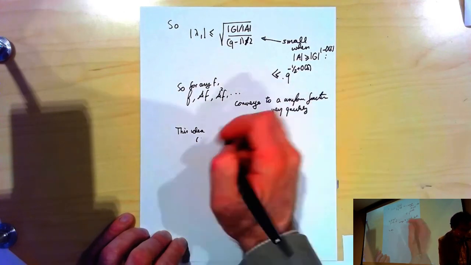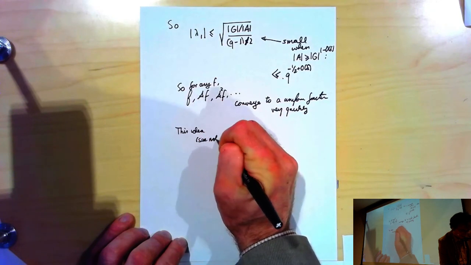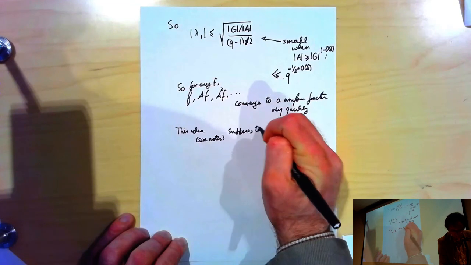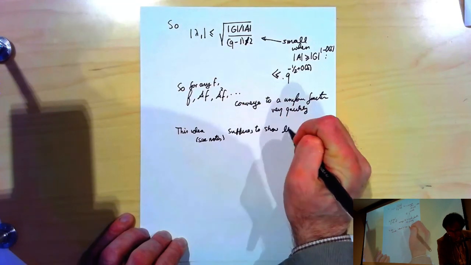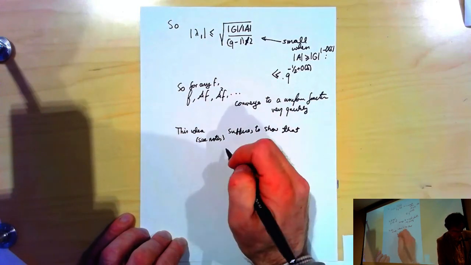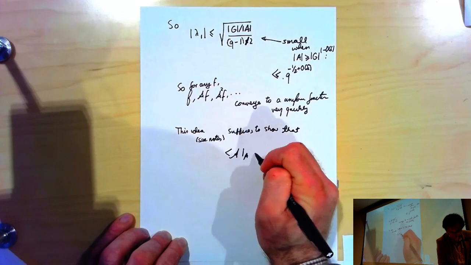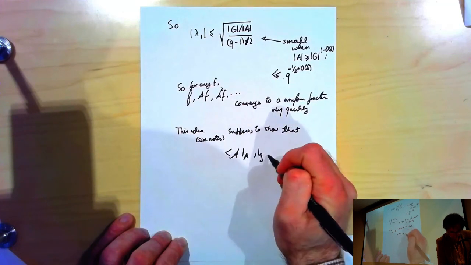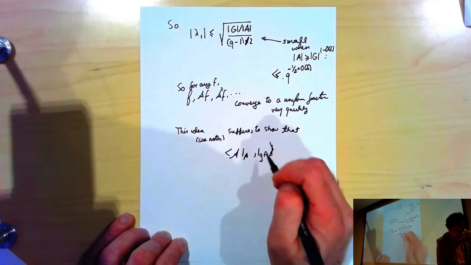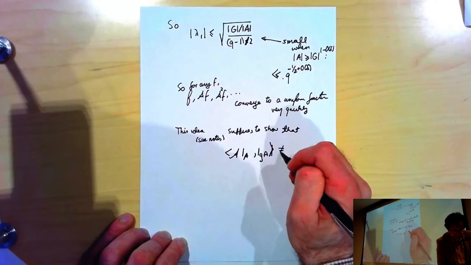So this idea, see notes, suffices to show that if you apply the density operator to 1_A and you take the inner product with 1_{gA}, this is non-zero.